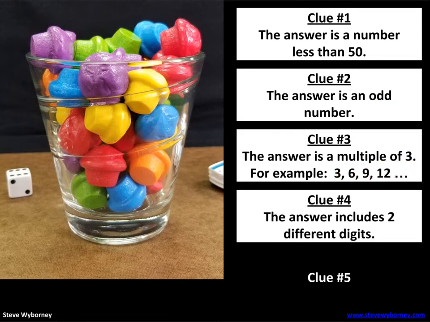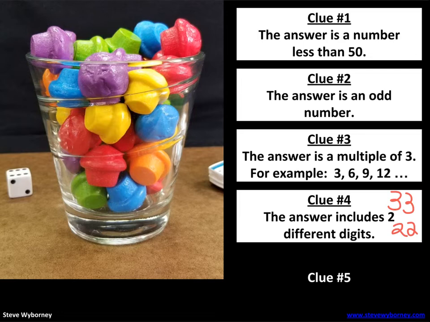Clue number 4 tells us that the answer includes 2 different digits. That means my answer could not be, say, 22 or 33. It's a 2-digit number, but both of those digits are different from each other.